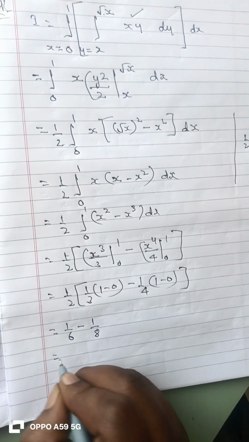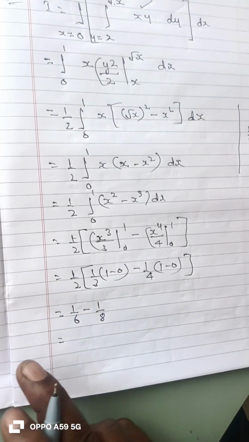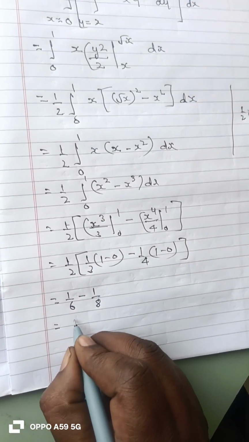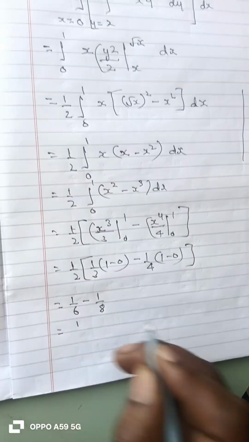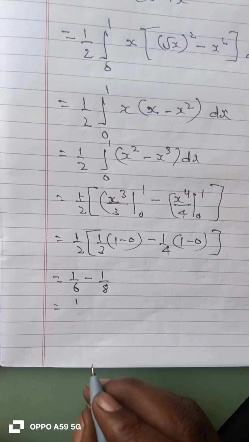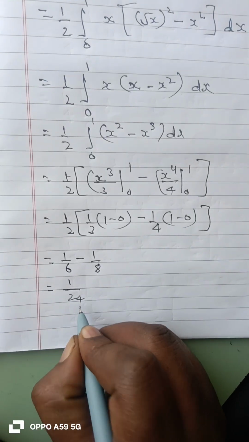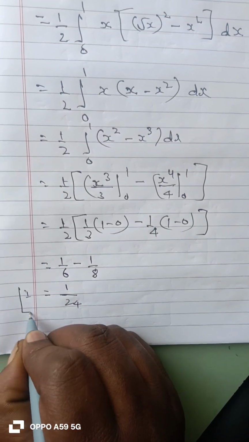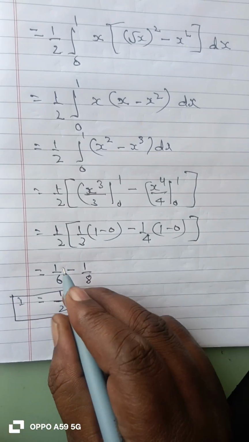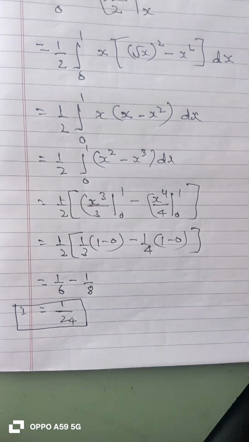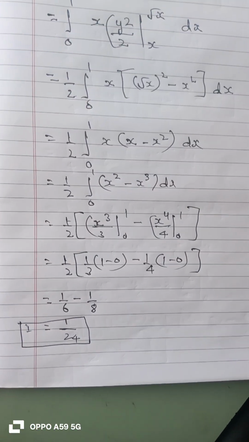Now you do the simple simplification, and you will get the answer 1 divided by 24. Just do the cross multiplication and simplification, and you will get the answer.